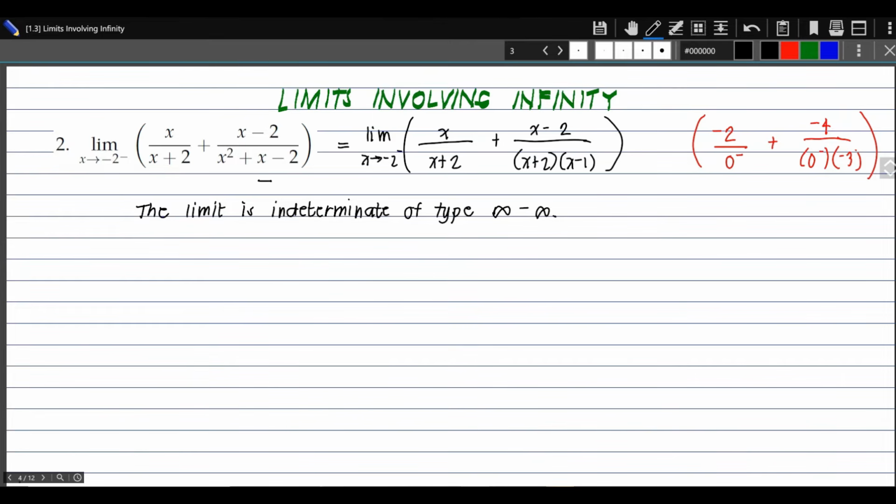Since the terms have a common factor in the denominator, what we can do is combine the two terms into one using their least common denominator. So let's copy this.